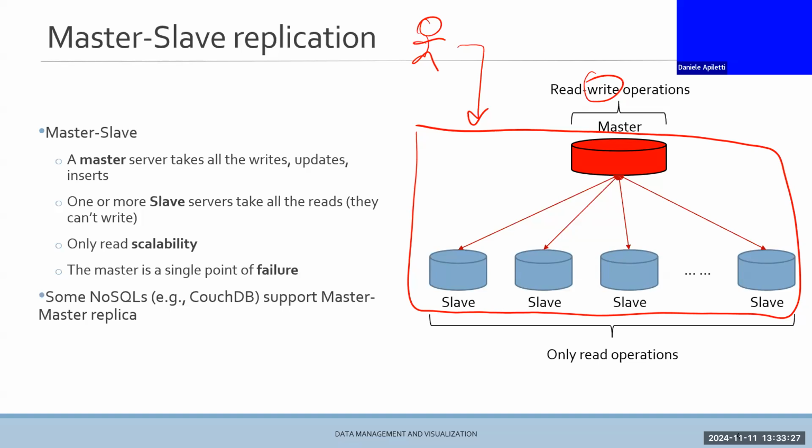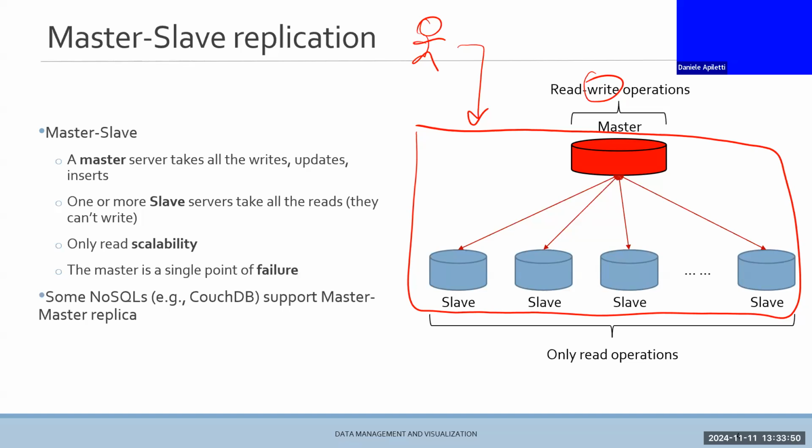But if you are having success in this e-commerce, probably you have 10, 20, 100 times more read operations than write operations. So you send the write operation to the master and you send the read operations to the slaves.